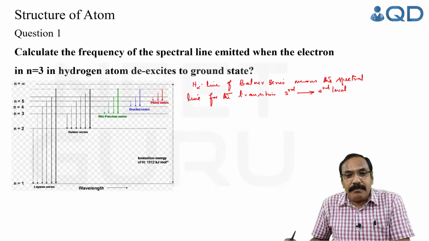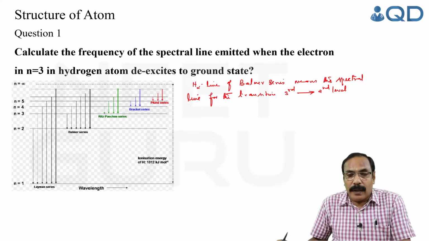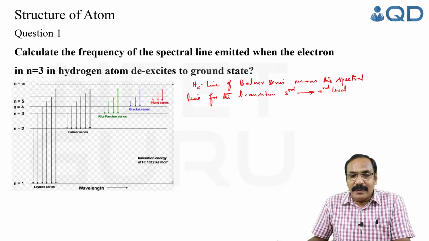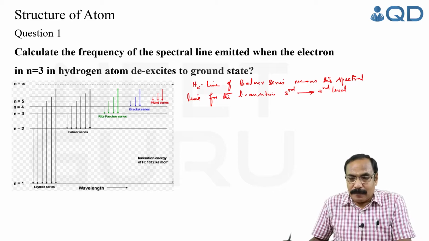So, a spectrum is a record of the energy emission occurring when an electron from a higher level returns to a lower level. It is called a line spectrum because each transition corresponds to a sharp line. Okay. So, an atomic spectrum is a line spectrum.